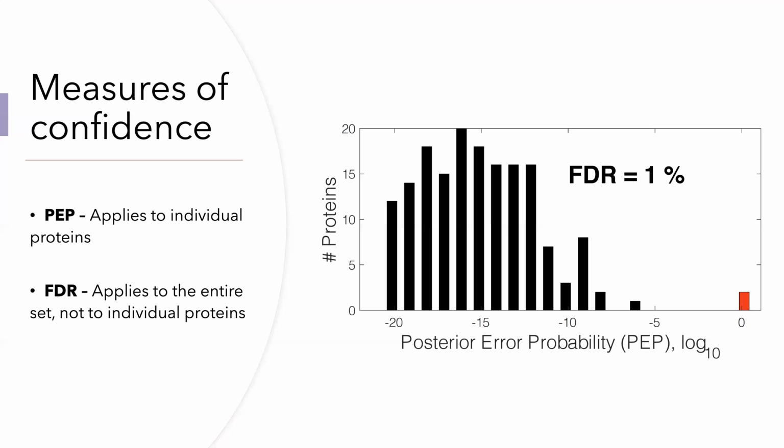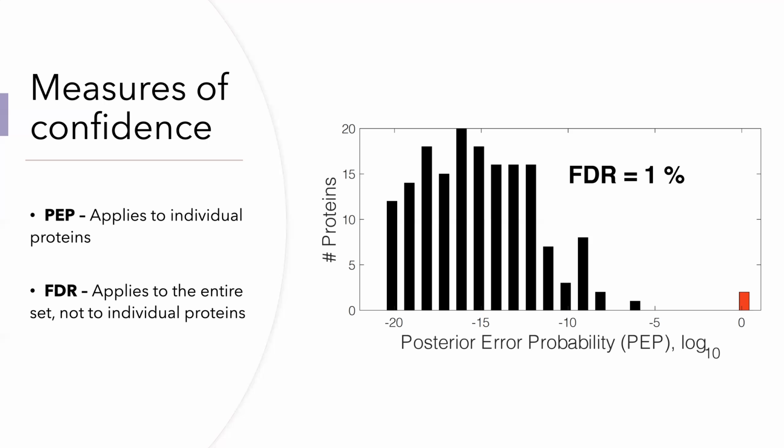The example to the right shows you how that can be possible. If we have hundreds of proteins that have very low posterior error probability, we can have a few proteins, in this case indicated with a red bar, that are certainly not differentially abundant, but nonetheless a set of proteins as a whole has 1% false discovery rate.